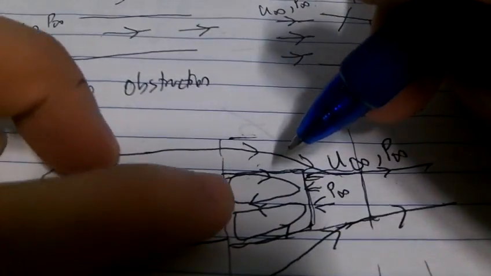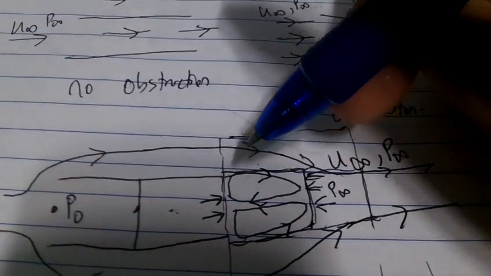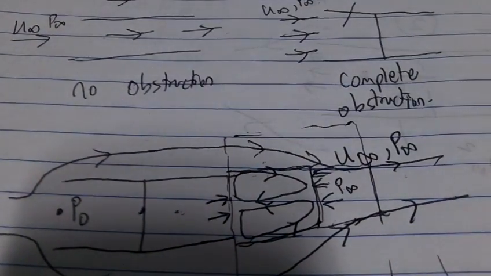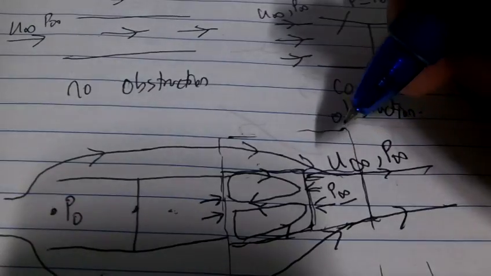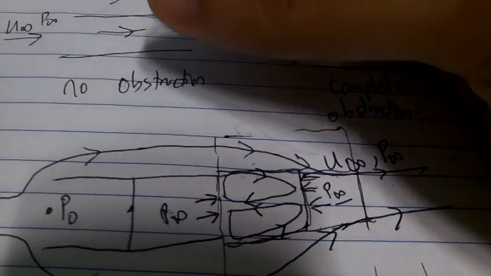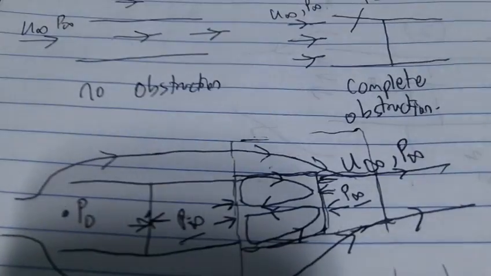If there's no force here, this pressure would just push the turbulence in. But it is at a steady state, so if there's a pressure of P infinity here, there's a pressure of P infinity here as well. And if there's a free stream pressure here, it will act on this plate as well. Here will be the stagnation pressure acting, and here is the free stream pressure acting.